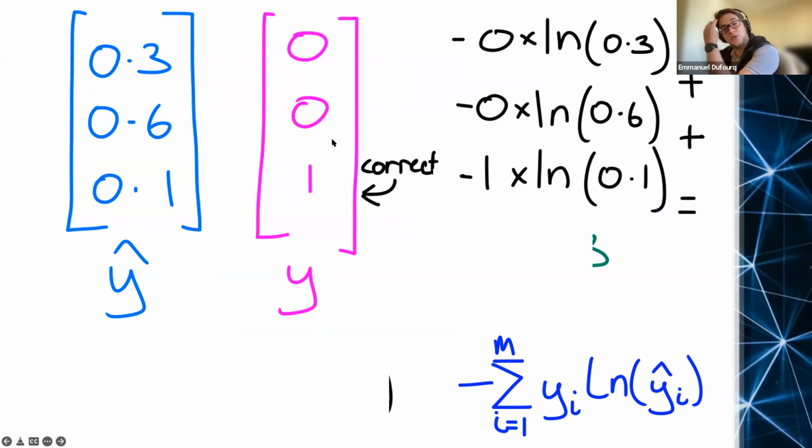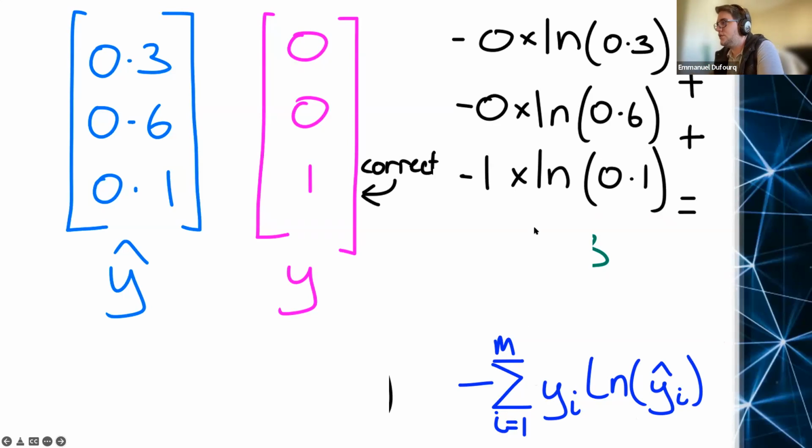So in other words, the correct class in this case is this one. The 0 is not the correct class, and this 0 is not the correct class. The correct class in this case is this one. So let us use this categorical cross entropy loss and compute the loss.